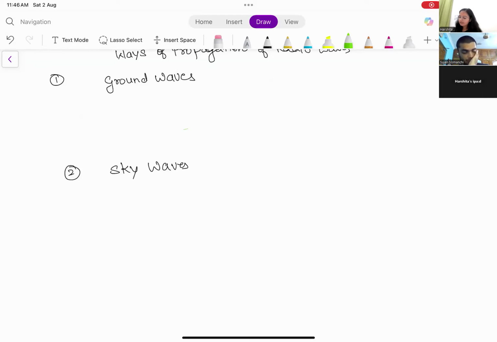Ground waves are basically where one antenna is here, some other antenna is here. Whatever is the means of propagation, it will go like this from one place on the ground to the other place on the ground, from one antenna to the other. We are not using the sky, we are not using the space, right?